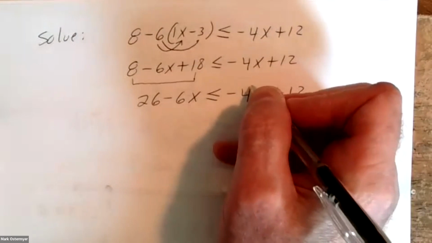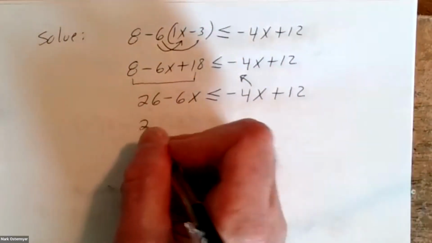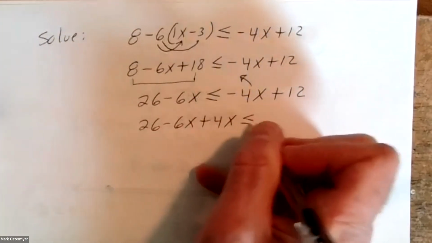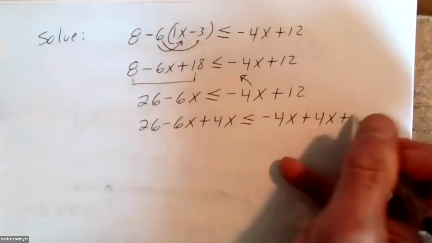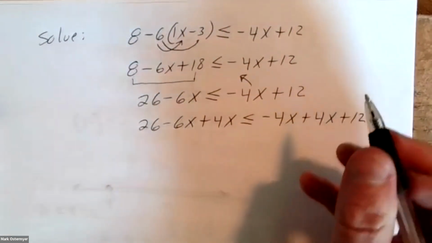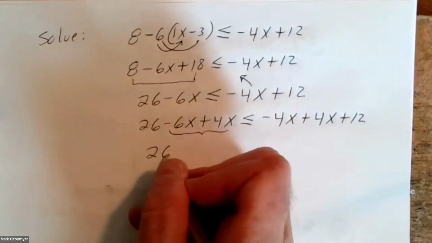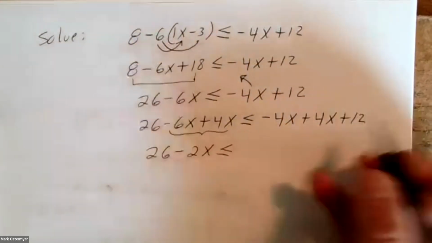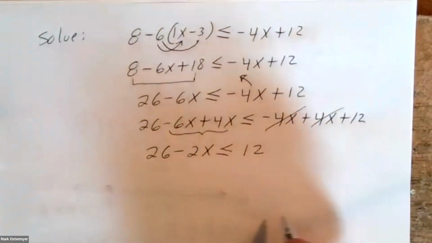To do that, I'm going to drag this 4x over to the left side of my inequality by adding it to both sides. These terms combined are like terms. -6x plus 4x combined to give you -2x. These 4x's drop out on the right side of the inequality, leaving us with 12.